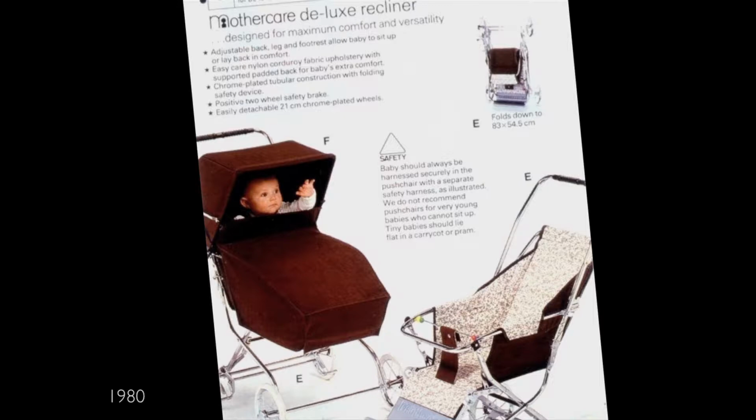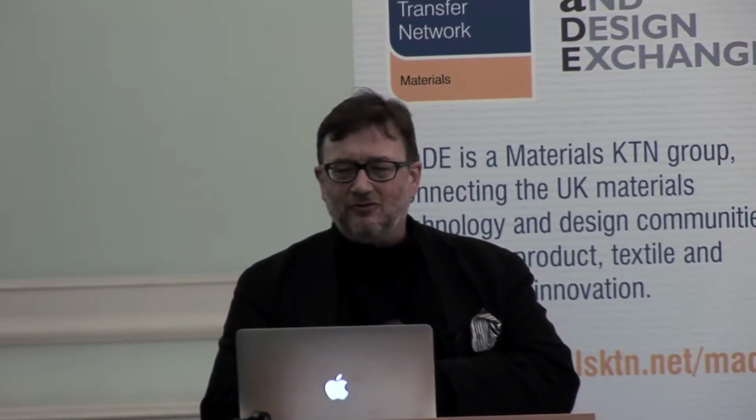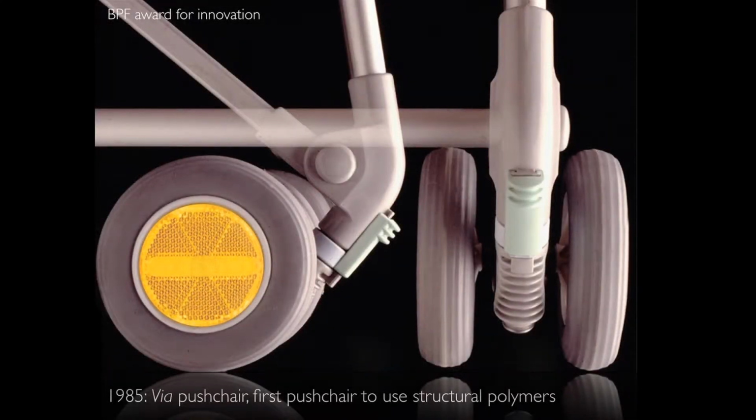And he said, but you can't use plastic, it's for toys and it breaks. And I said, well, look, at the next meeting I took along a ski boot and I said, look, this is what I mean by polymers. And actually, to give him his credit, he did come round and we studied ski equipment and the way it was made and the sort of materials it was, and we created what became known as the Via pushchair.